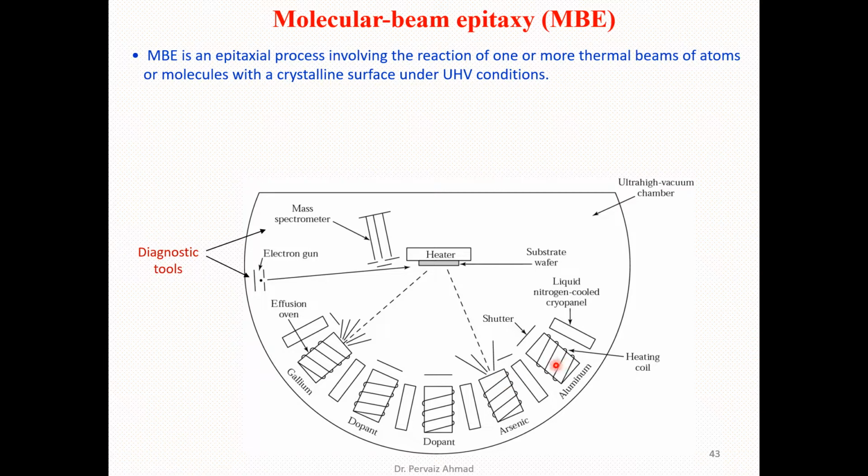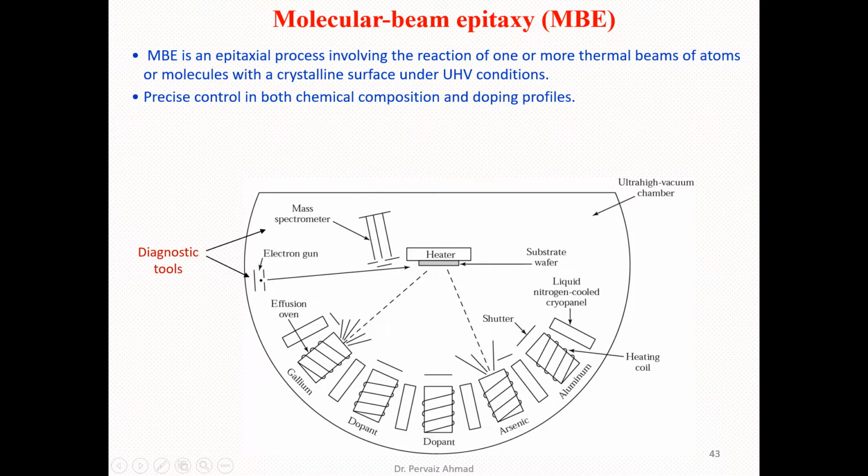Here you can see the heating coils around these containers are utilized to generate the beams of atoms or molecules and move them to the crystalline surface under high vacuum conditions. Here we generate the beams, and you can see the beams moving toward the substrate to be deposited in the form of epitaxial layers.